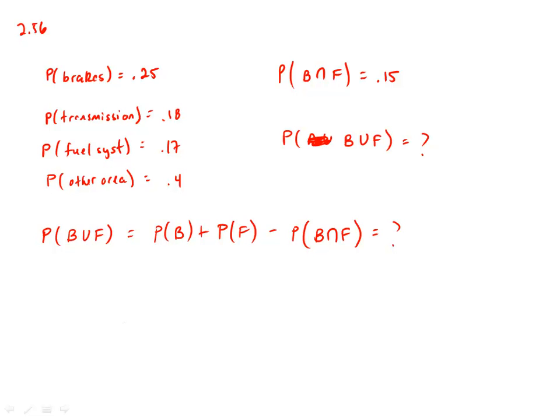Now what we need to make sure is that we have all the information we need, and we do, right? We have 0.25 plus 0.17 minus 0.15, and that's 0.27, right? So that makes sense?